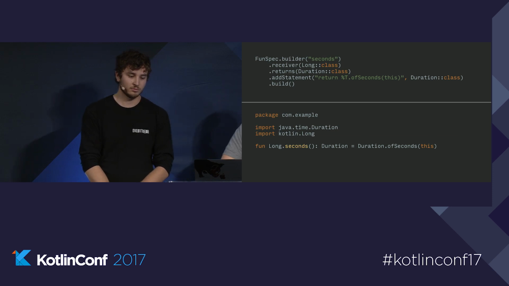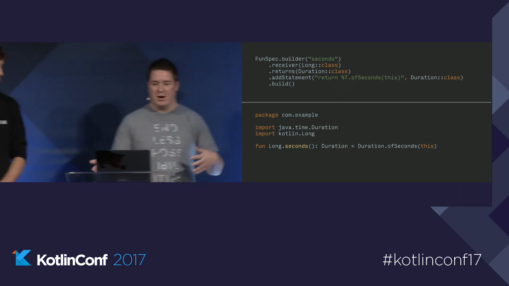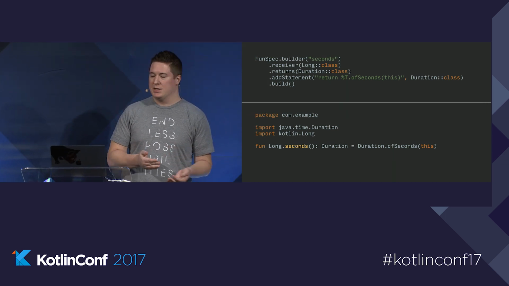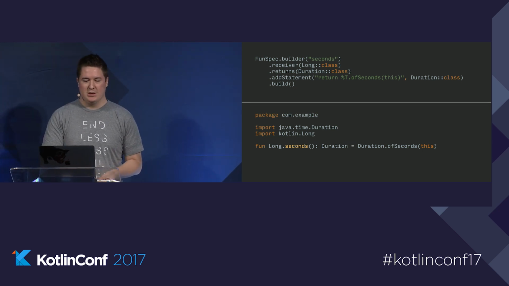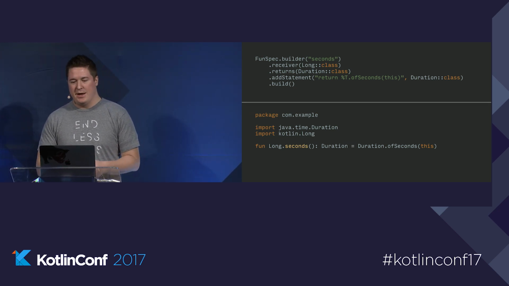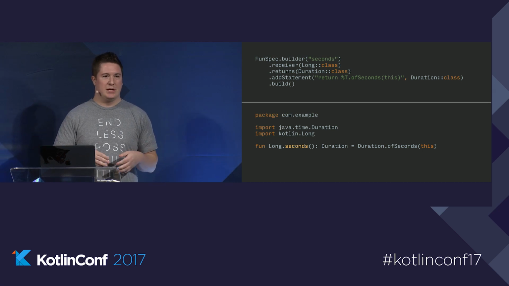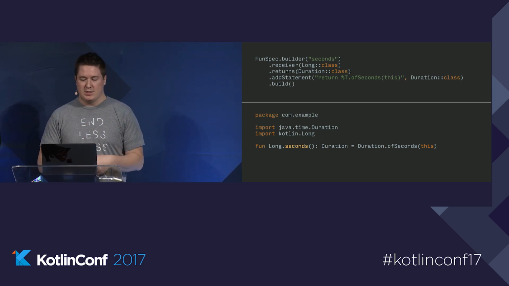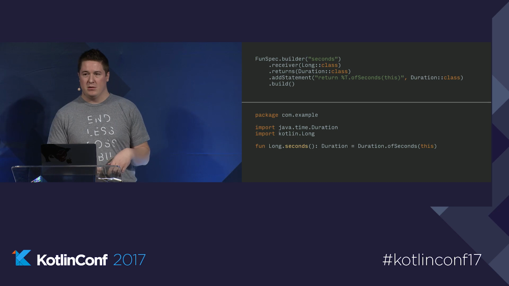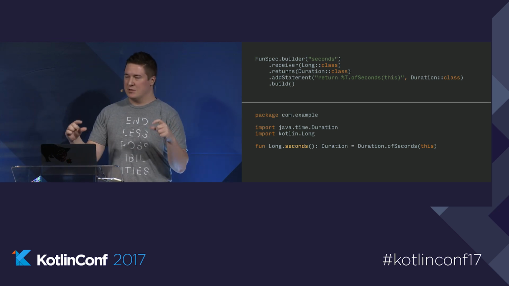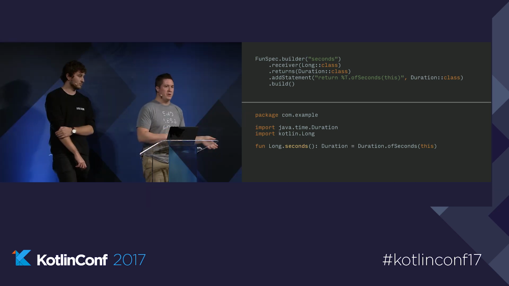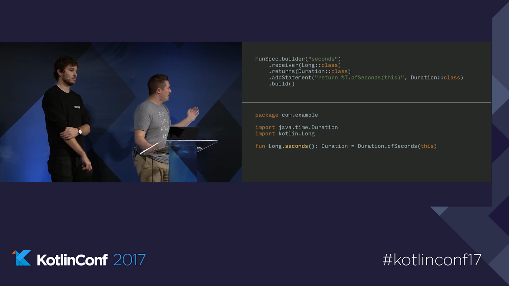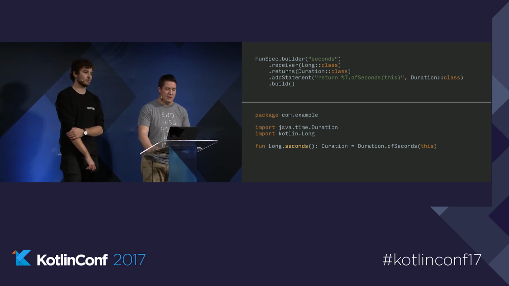So we see this same behavior of KotlinPoet helping you out in expression bodies. So here we have a function which is an extension function, and it just has a single statement which begins with return. And so what KotlinPoet sees is that the body of this function only has a single statement. It starts with return, and so it knows that it can collapse that into an expression body that just has the equal sign.